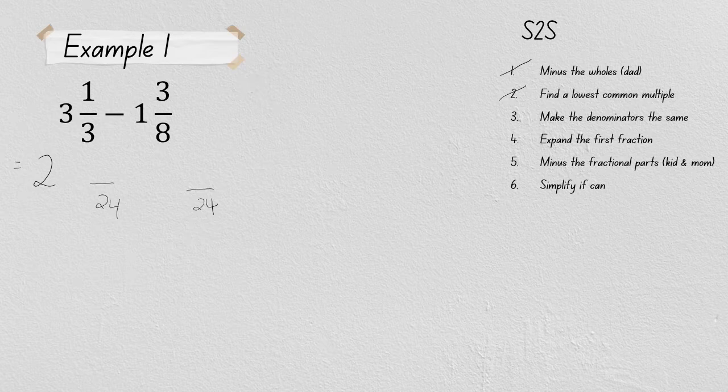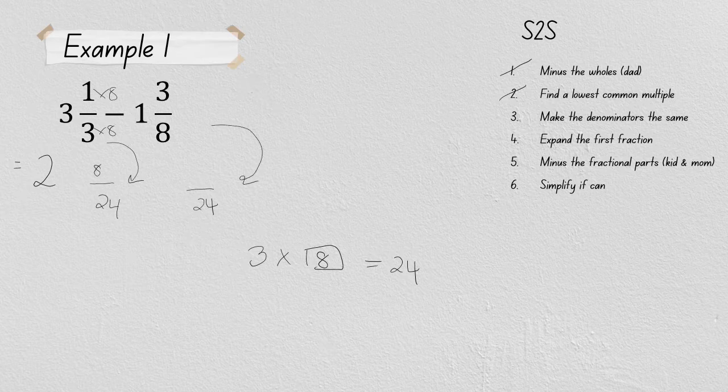We need to change from 3 to 24. 3 times what number gives 24? That should be 8. So you should multiply the denominator by 8. Whatever you do to the bottom, you have to do to the top. So you need to multiply the numerator by 8 as well, and that comes down to 8.